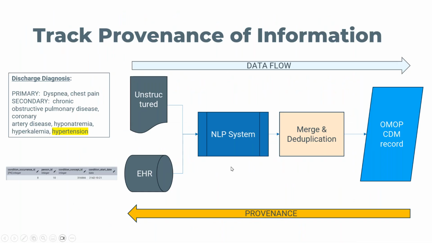And of course, we are interested in keeping provenance of information. What that means is that we have data that can come from EHR systems. So it's structured data, coming from a database. It went through an ETL process that was adding it to the database.